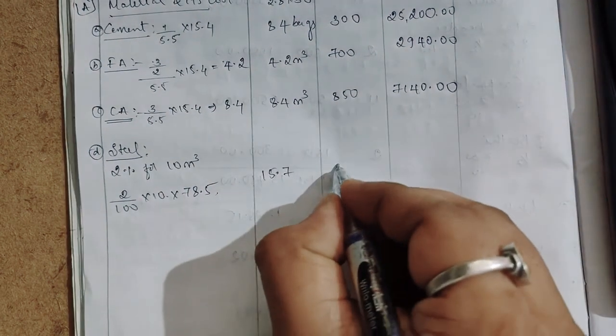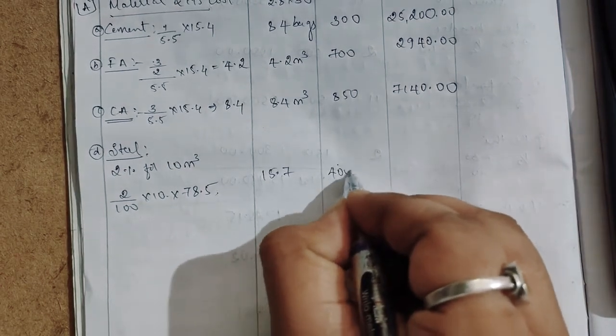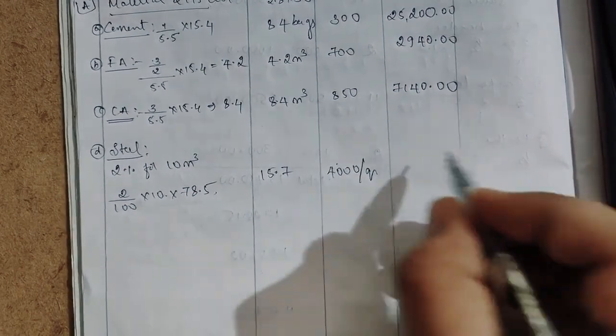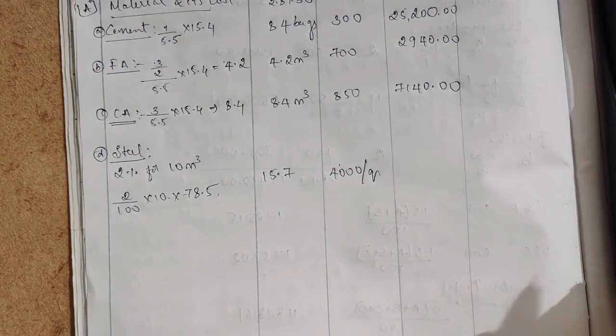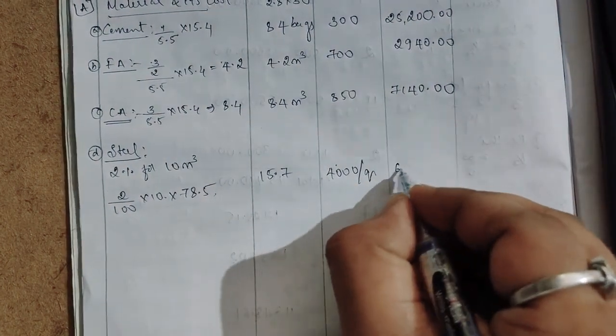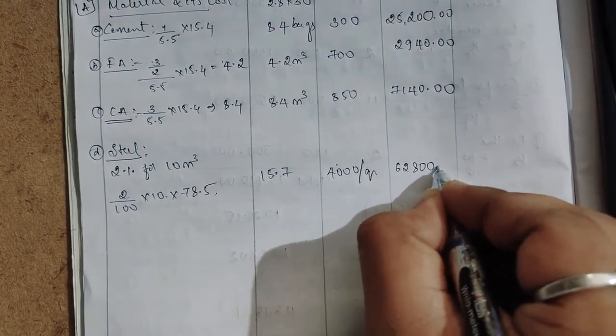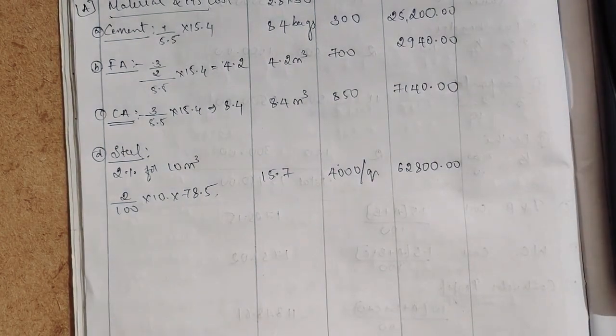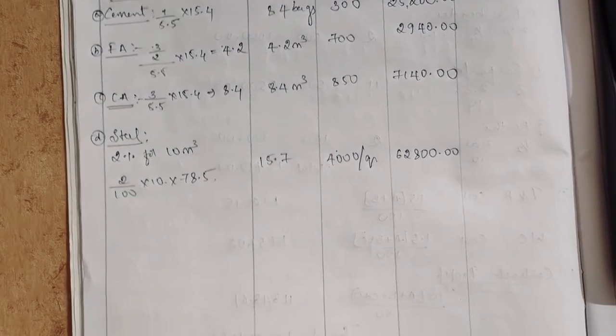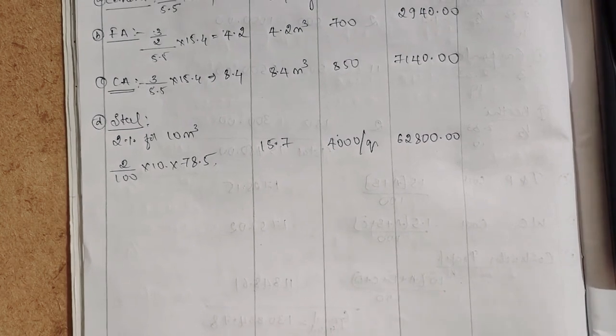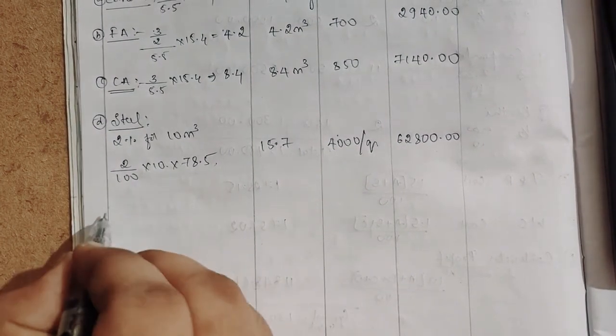Yes. Then what is the cost of steel? That is 4,000 per quintal. So 62,800 is the total cost of the steel. So for this 2% of steel, we assume binding wire.